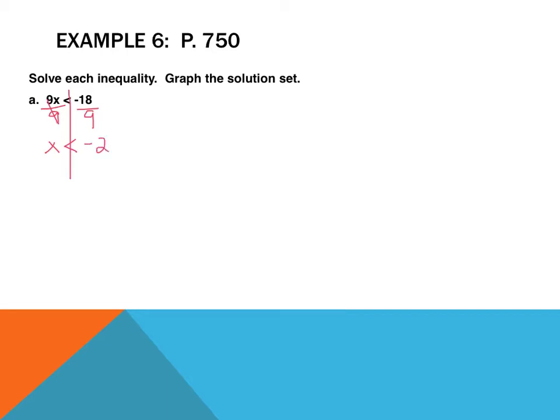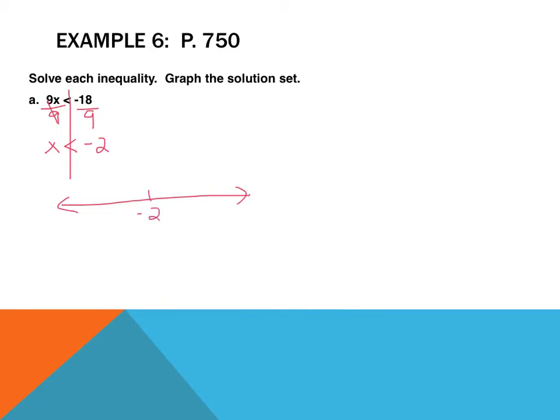So don't get it confused between what your answer is or what part of the problem is. You always look at what you're doing to both sides. If you're multiplying or dividing by a negative on both sides, that's when you switch it. So in this case, it'll stay the same. And so when I graph it, I'll have a negative 2.